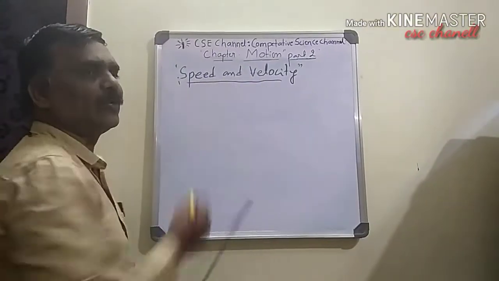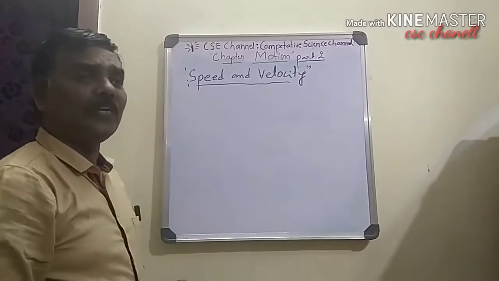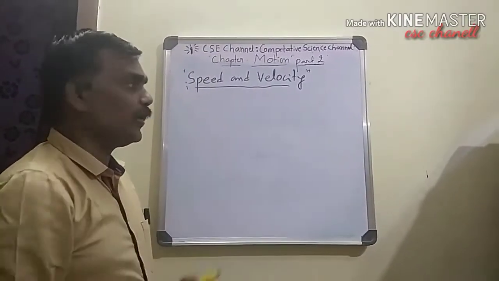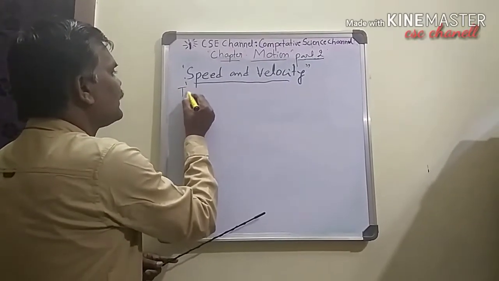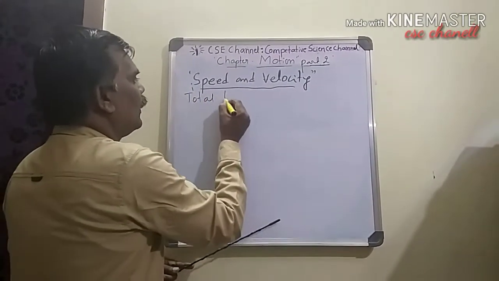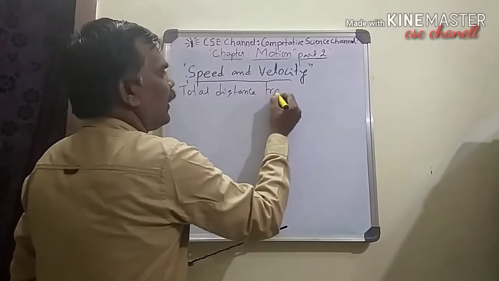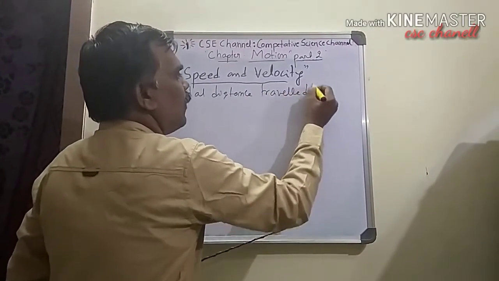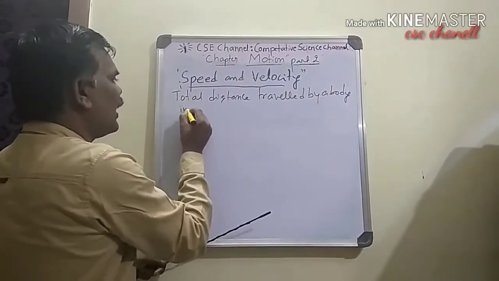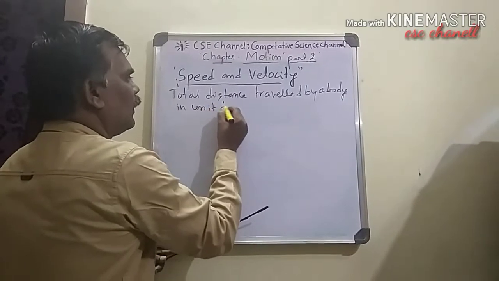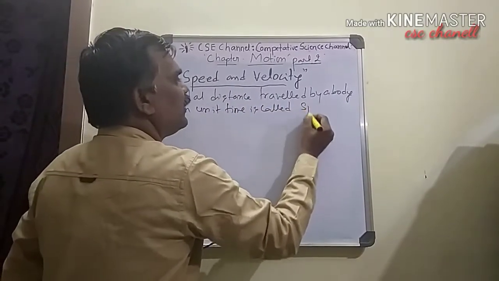Moving on to speed and velocity. First, speed. Speed is a scalar quantity which shows only magnitude. Coming to the definition, the total distance travelled by a body in unit time is called speed.